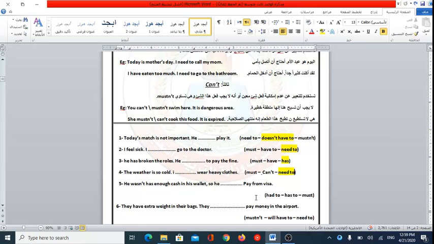Must and have to turn into had to if we are in the past. So we use had to if you are talking about something that happened in the past.